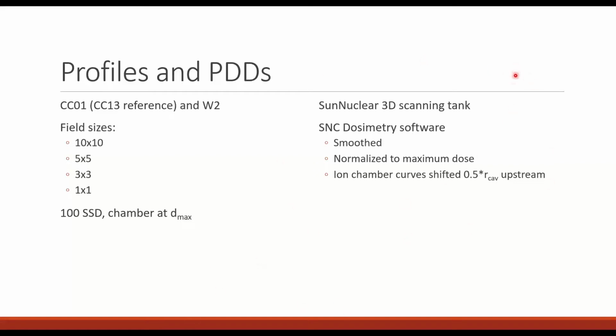Again, we just used our in-house Sun Nuclear 3D scanning tank and the Sun Nuclear dosimetry software, which read in the data just as if we were using an ion chamber. It was able to be smoothed, normalized to maximum dose, and then of course we shifted the ion chamber curves upstream to account for the effective point of measurement.